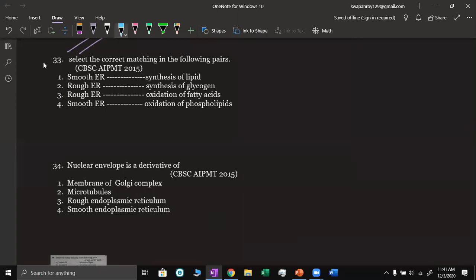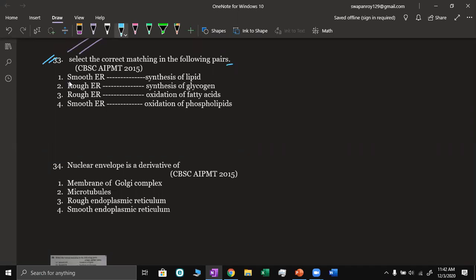Now see this question number 33. Select the correct matching in the following pairs. This is a matching of structure and its function.